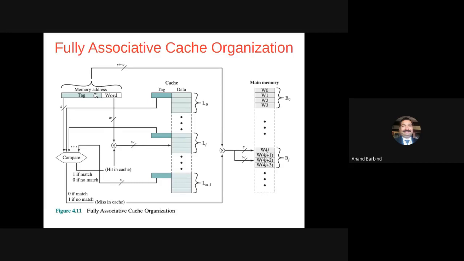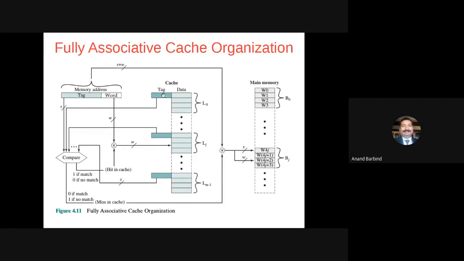So if this address is there, then this is the tag value. Now, a given block, if it is to be transferred into the cache, can be transferred into any of the lines. So whenever the CPU needs to read from the cache, it needs to check whether that particular block is present in the cache or not.